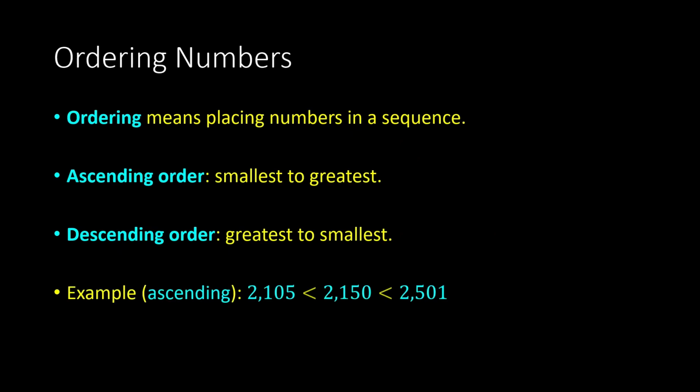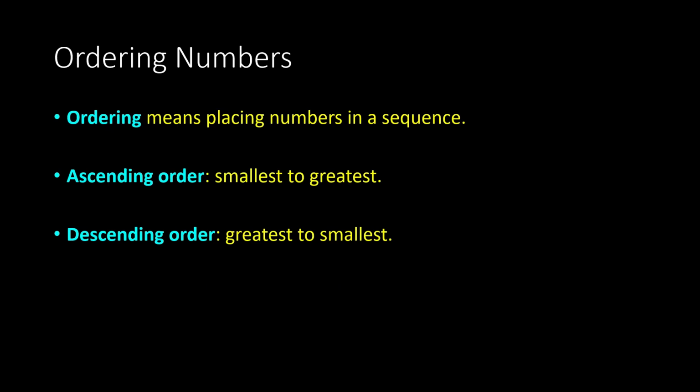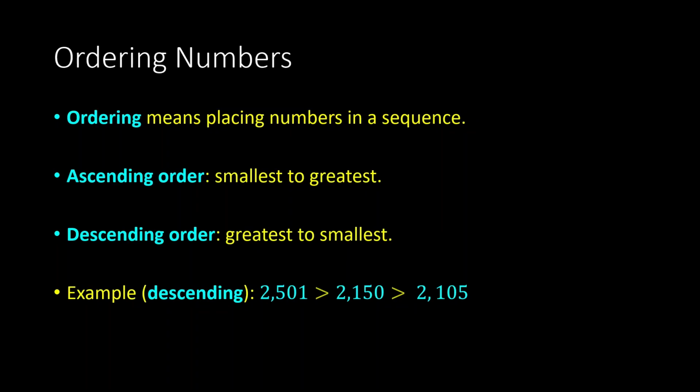We have 2,105 is less than 2,150 is less than 2,501. And a descending sequence of numbers is 2,501 is greater than 2,150 is greater than 2,105.